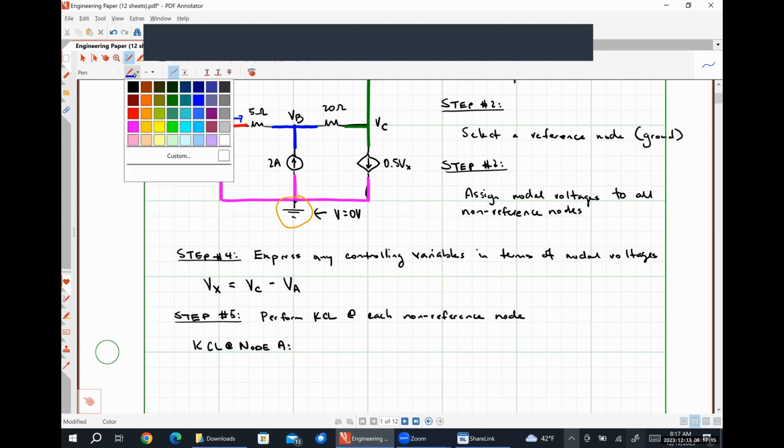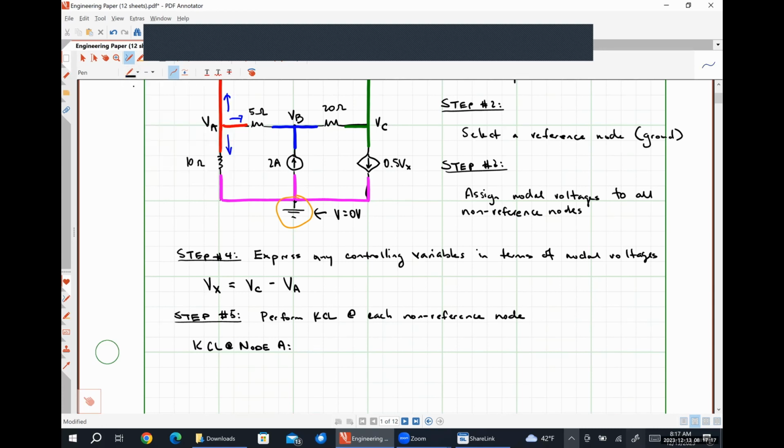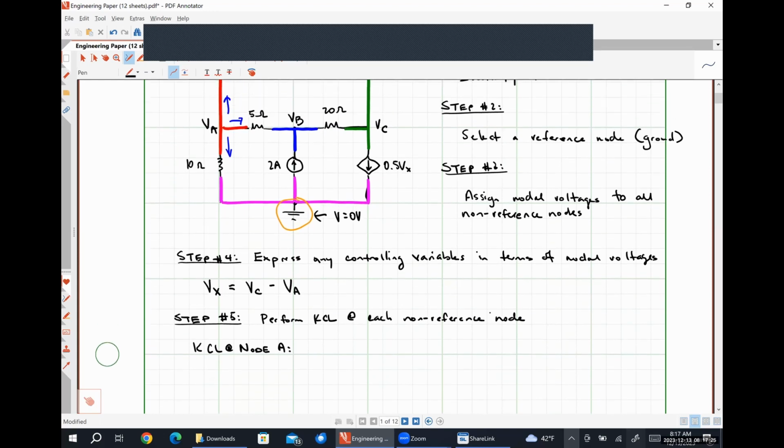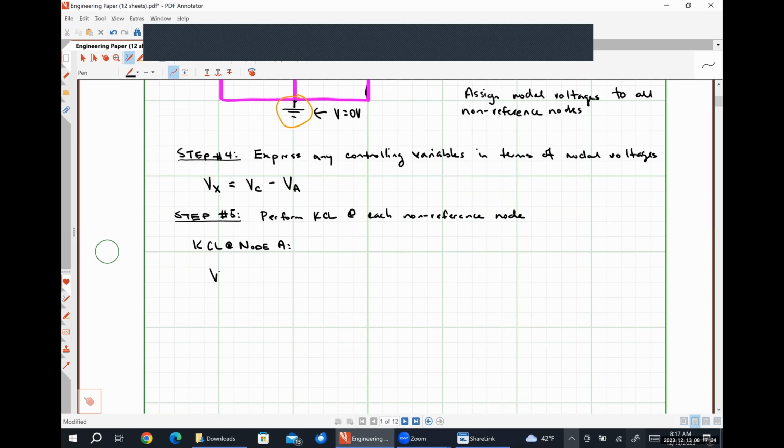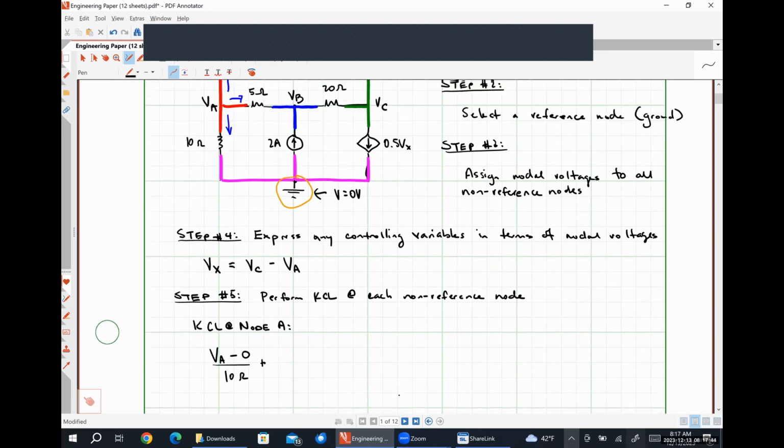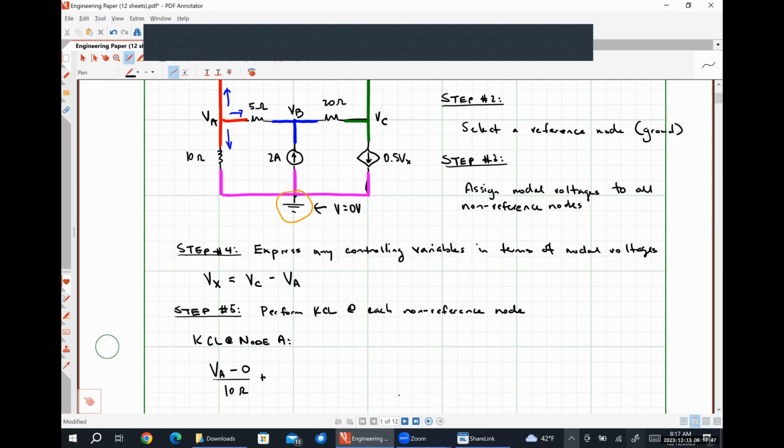So we are going to just use Ohm's law effectively in order to express all of these currents. So let's start with the current flowing down through the 10 ohm resistor, okay? So that would be the voltage VA minus 0 divided by 10 ohms, okay? So the VA minus 0 literally just represents the voltage drop across the 10 ohm resistor.